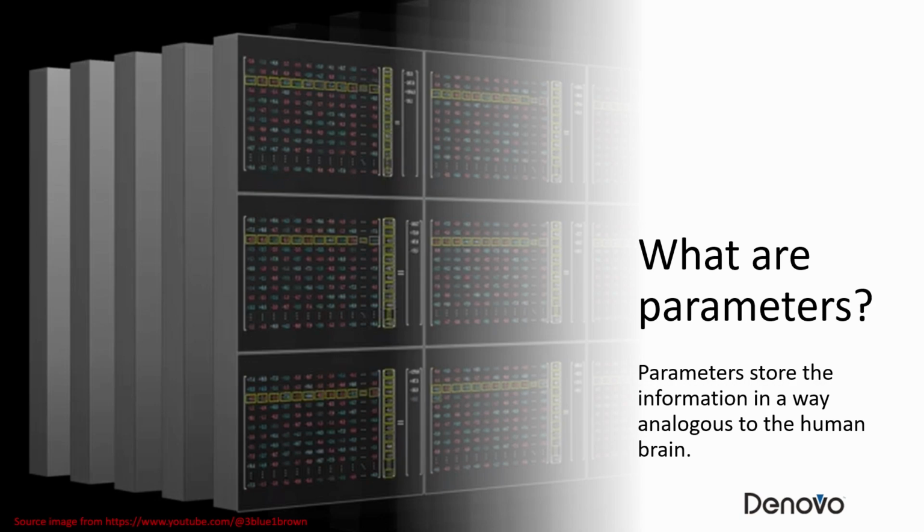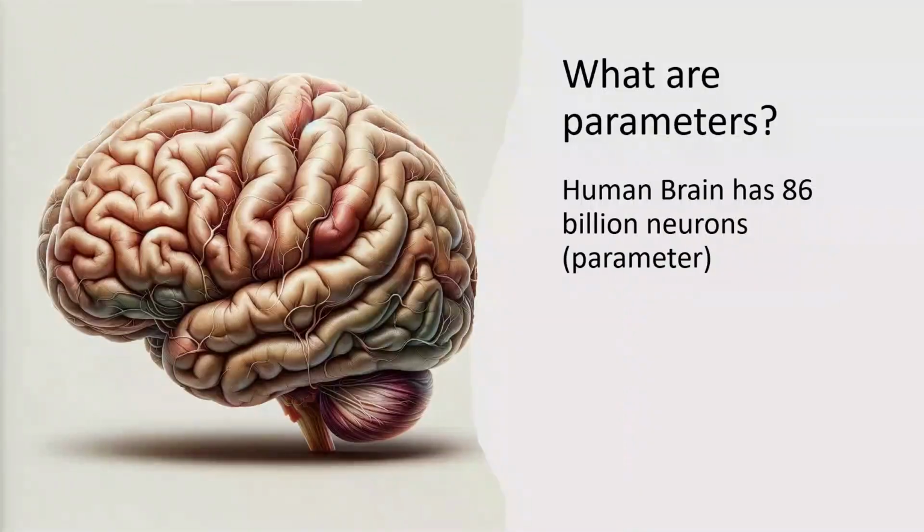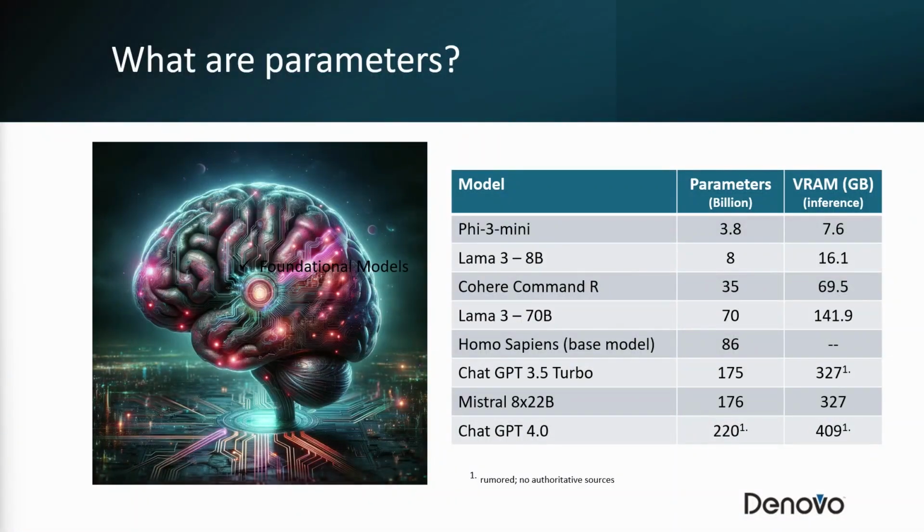Obviously, the more neurons that you have in the brain, the more complex information that you're able to encode within those neurons. So the human brain has 86 billion neurons. So think of those as parameters. So where do we stack up in all of this with large language models?